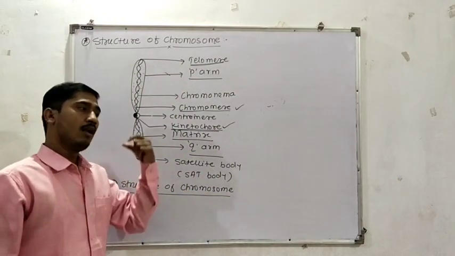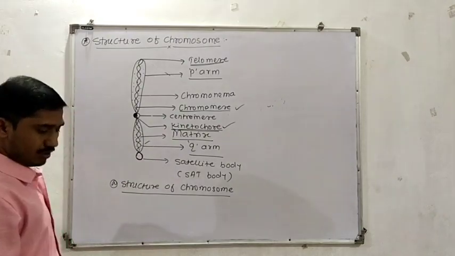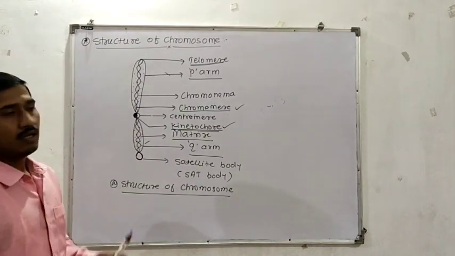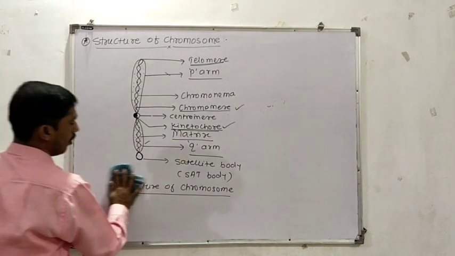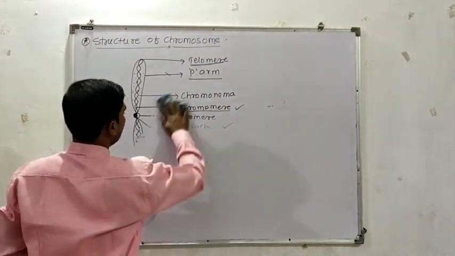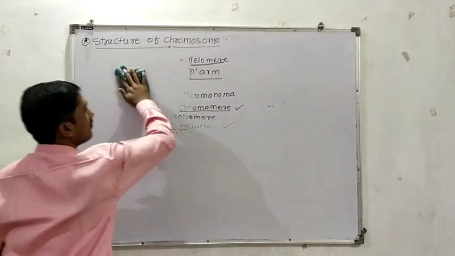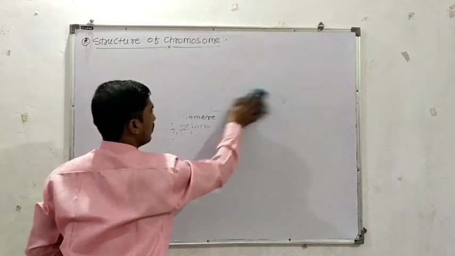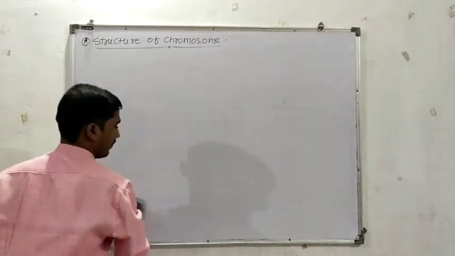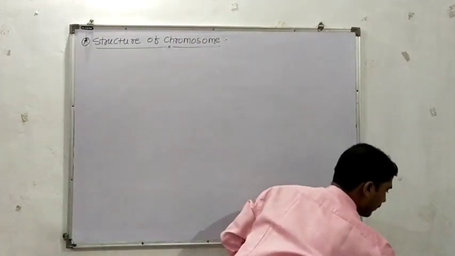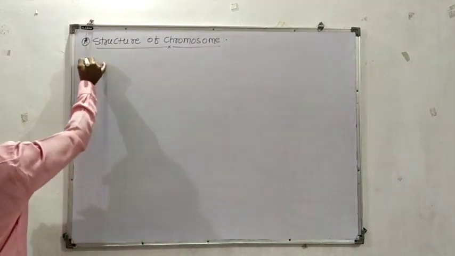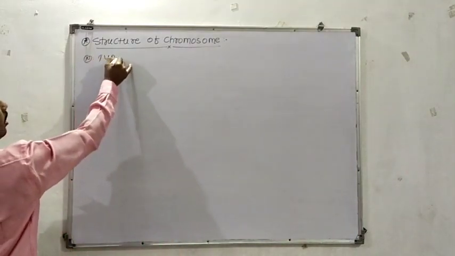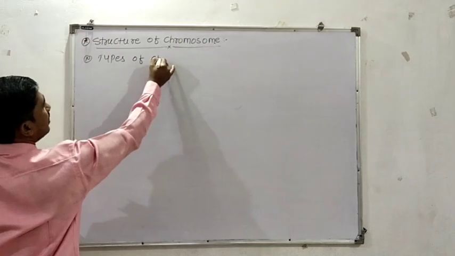Got it? Now next we are going to discuss the types of chromosome on the basis of position of centromere. So on the basis of position of centromere, how many types of chromosomes are there?